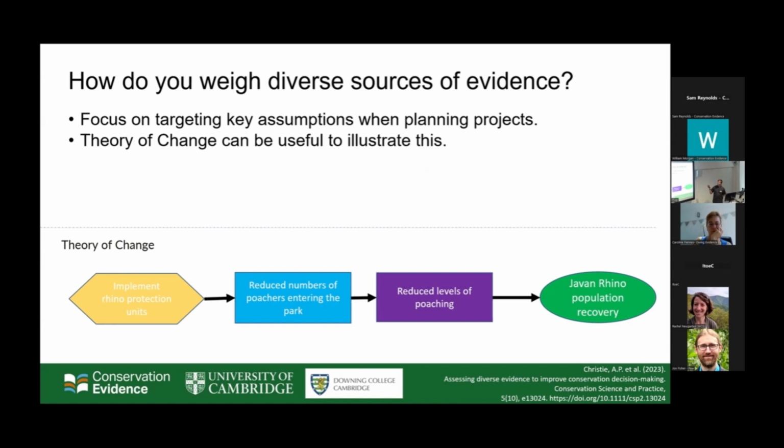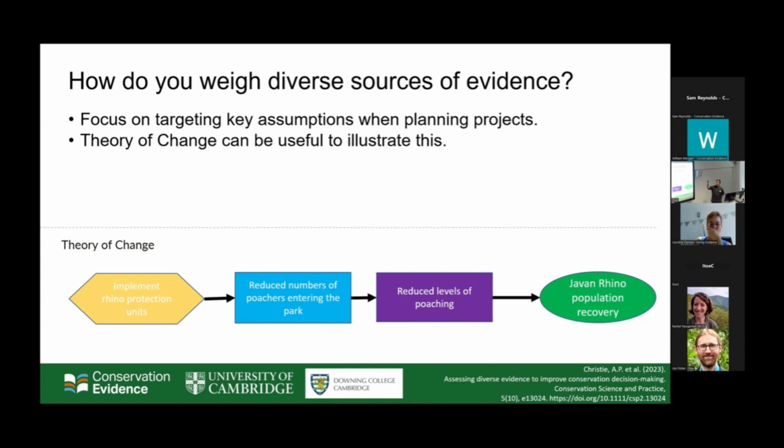So what we've done is tried to focus on targeting the key assumptions that you make when you're doing a conservation project. So what are the things that are really underpinning the success of your project? That if they didn't hold true, then your project would fail. One example illustrating this is the theory of change. This is just a basic theory of change about trying to recover a Javan rhino population using a particular type of intervention.